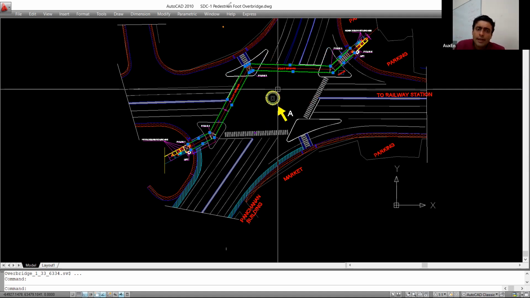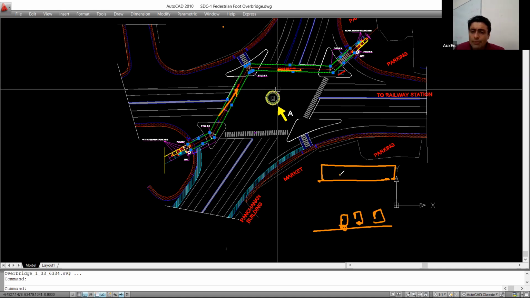And of course, this will be raised. I hope you understand that these pedestrian overbridges would be at a raised level. So if this is my bridge level, at this level would be your cars, isn't it?